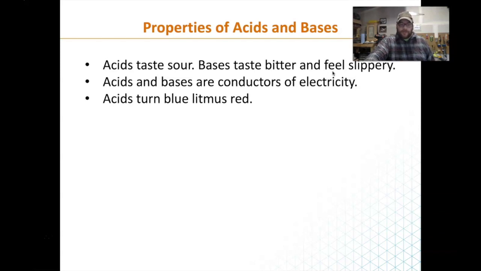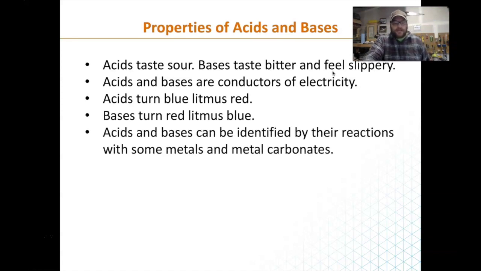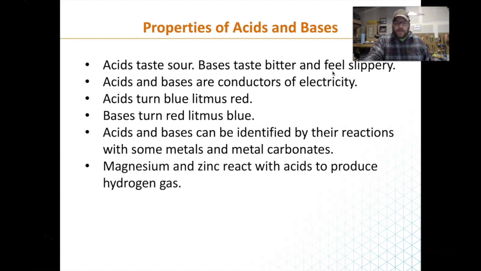Acids turn blue litmus paper red. In general, if things are acidic, they're assigned a red color. So litmus paper turns red, and litmus paper turns blue if it's a base. Acids and bases can be identified by their reactions with different metals. Acids react with metals differently than some bases do, and these reactions have been tested and are very well known.